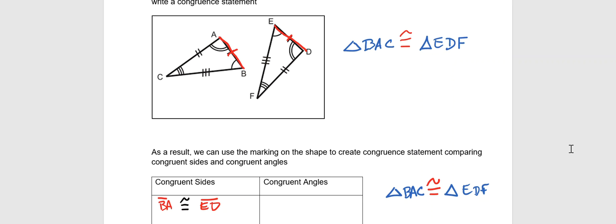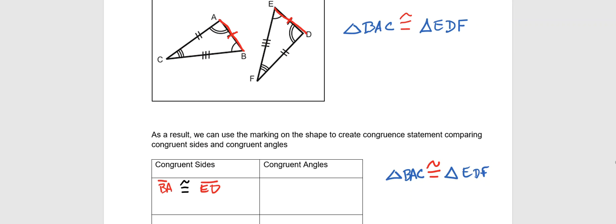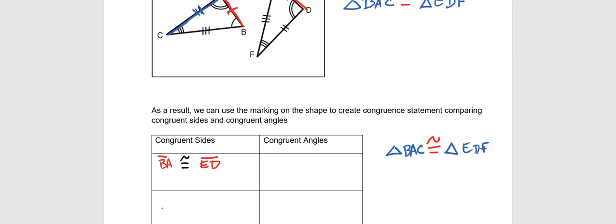So we can do that. We can keep going with marking. So let's continue and we'll go on to side AB. That's one of my double marked sides. So side AB is congruent to... What is it congruent to?